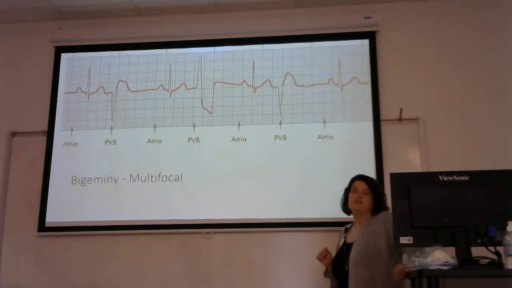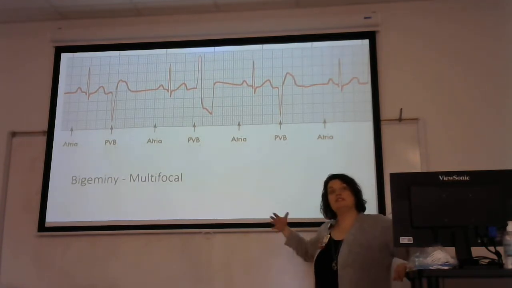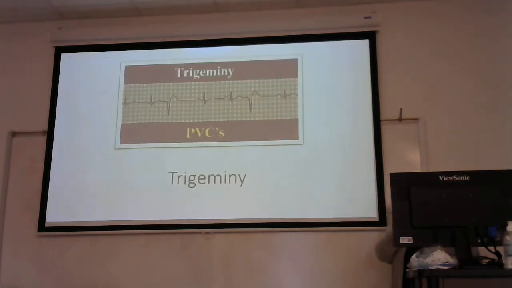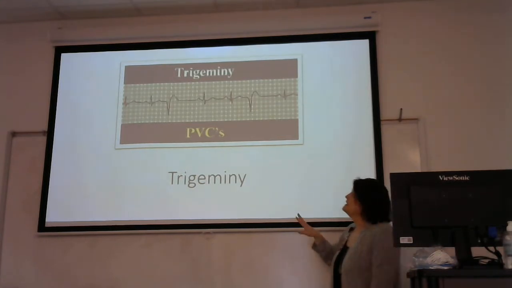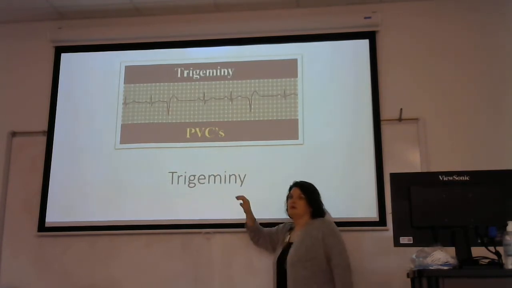How many PVCs do you see? Okay. Do you see why it's multifocal? You see why your PVCs look different? Absolutely. Okay. This is called trigeminy. Tri is every third is a PVC. So as you can see, 1, 2. There's your every third. Is this unifocal or multifocal?